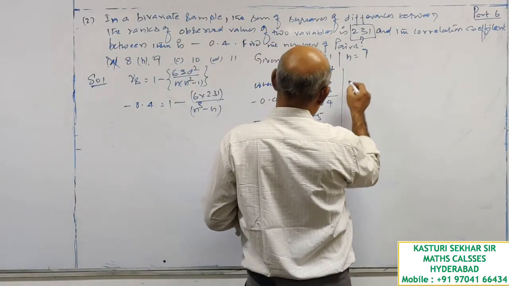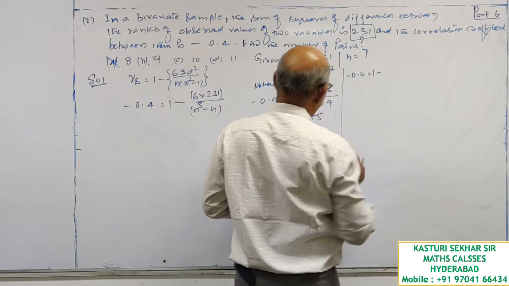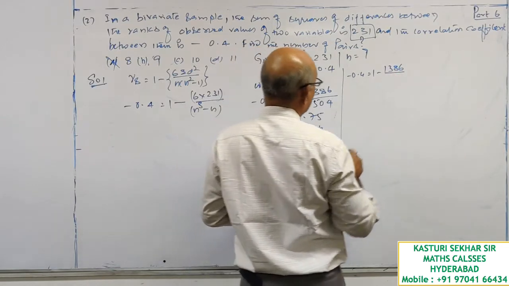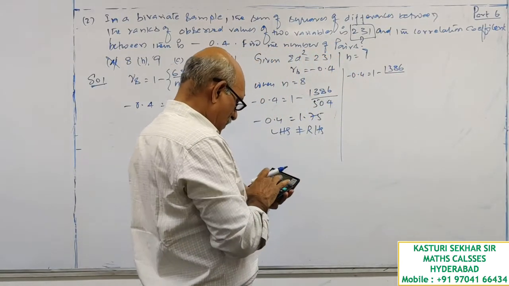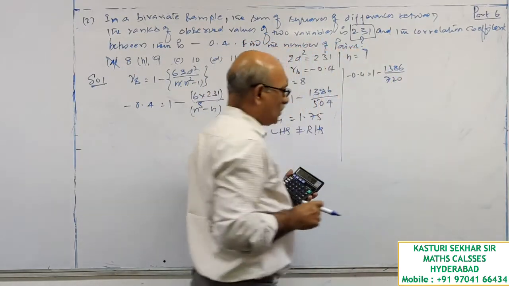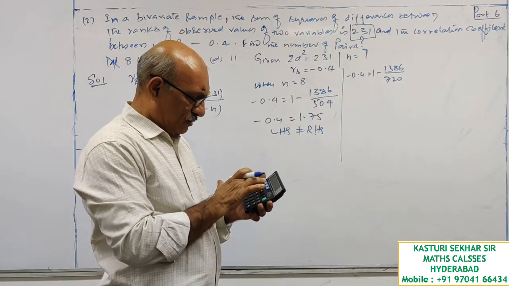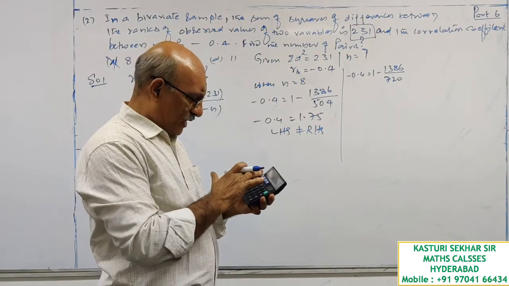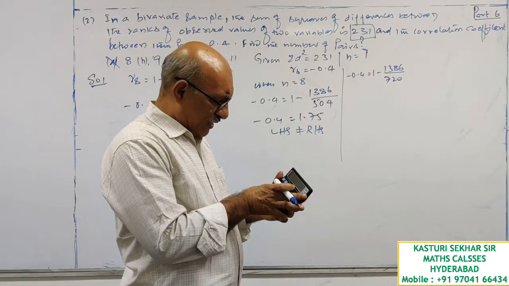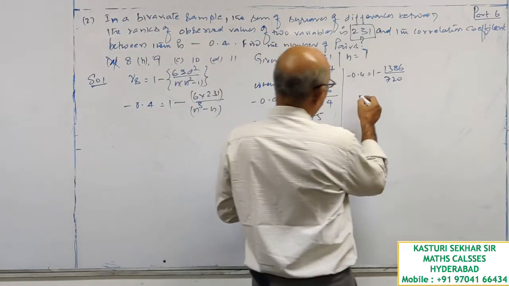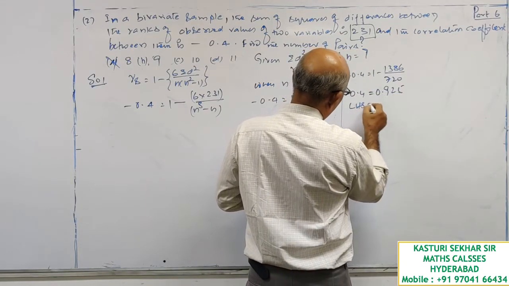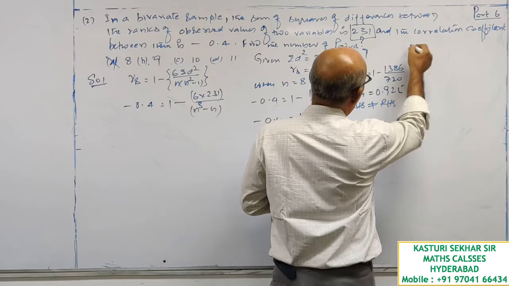When n is equal to 9, minus 0.4 is 1 minus 1386 divided by 9 into 80, that is 720. 1386 divided by 720 is 1.925, so minus 0.925. LHS is not equal to RHS.